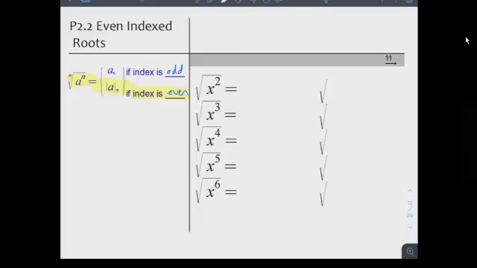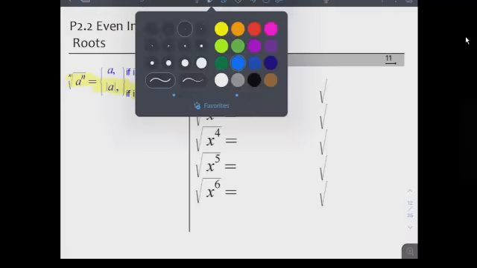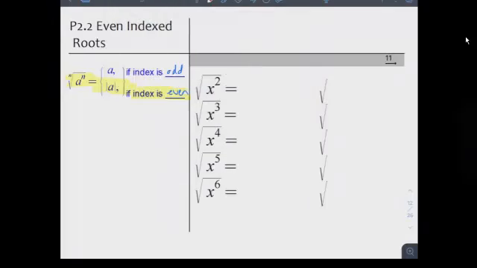And I'm just going to use square roots for this, okay, but it's any even index. Okay, so there's basically three rules that you need to apply after you identify that it's an even index. That's the first step. If it's an even index, you look into the individual bases inside, the individual variables.